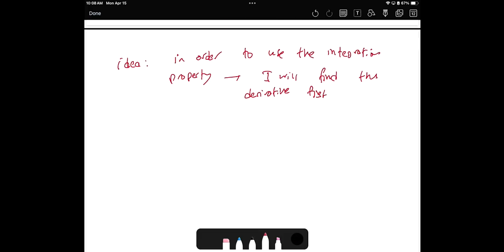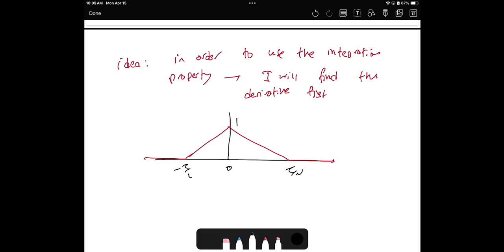So basically, here is x of t, such that here is 0, here is negative tau over 2, here is tau over 2, here is 1. This is x of t.